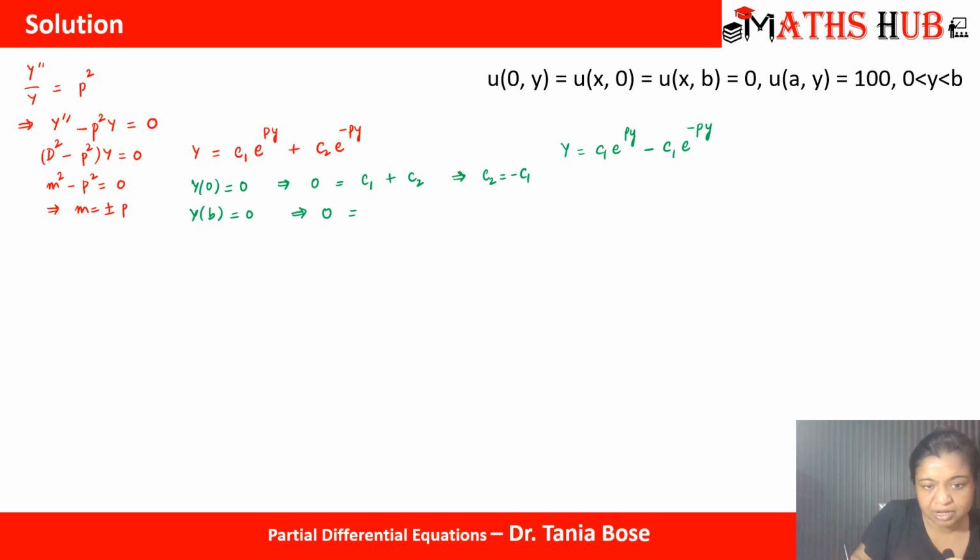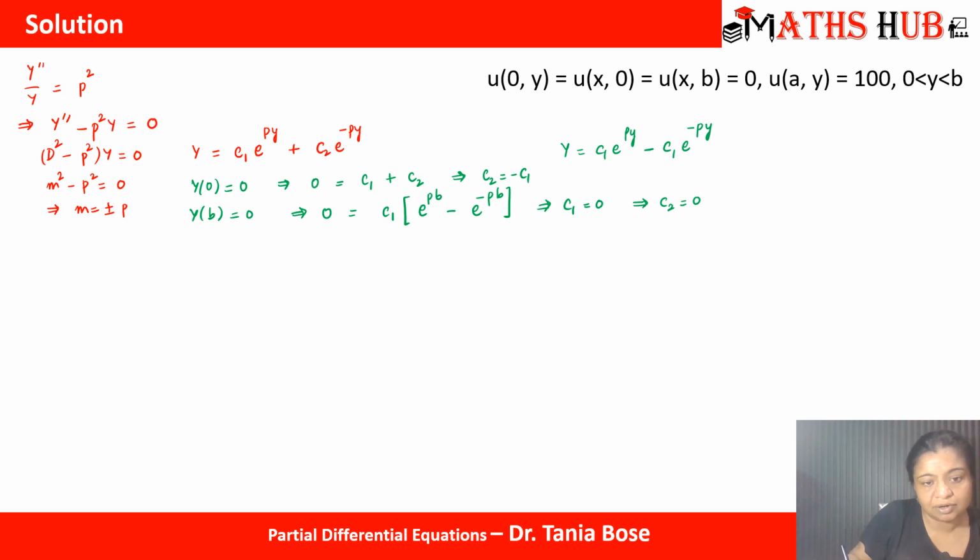Y is 0 and we will get C1 common. So I will get e raised to power pb minus e raised to power minus pb, right? So now this exponential term is never 0. So if this exponential term is never 0, that means C1 happens to be 0, right? And if C1 happens to be 0, in the last step C2 was minus C1. So that implies C2 is also 0.